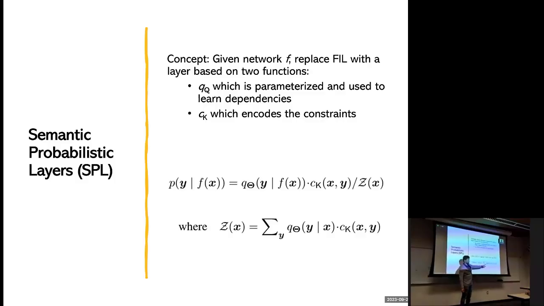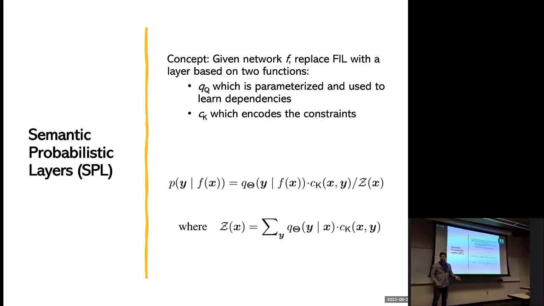And of course, looking at this, it looks quite terrible because you're summing over all possible combinations of the output labels. So if you have a whole bunch of ground atoms representing output labels, this is going to be intractable, which is a common thing, right?